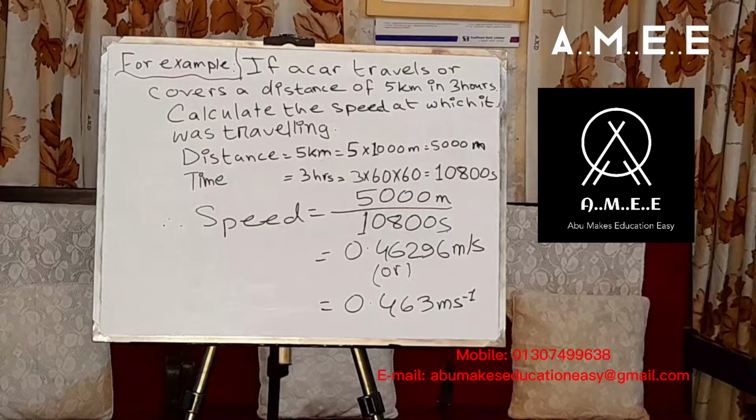As I have said, first we have to calculate the distance and the time in SI units, as it is the rule. As the SI unit of distance is meter and the SI unit of time is seconds, the SI unit of speed is meter per second, as we discussed previously.